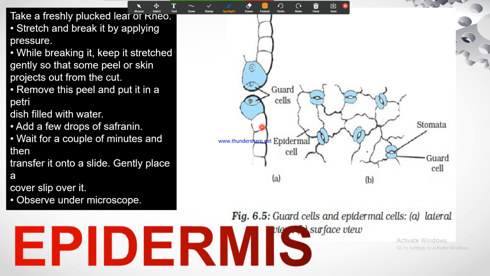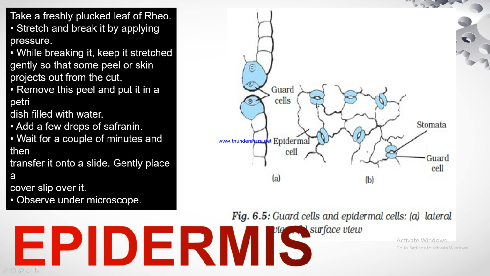This is the epidermis. So here you get a doubt: what is this structure? As it is on the leaf part, definitely these are the stomata. So these are the stomata areas, and these are the guard cells.